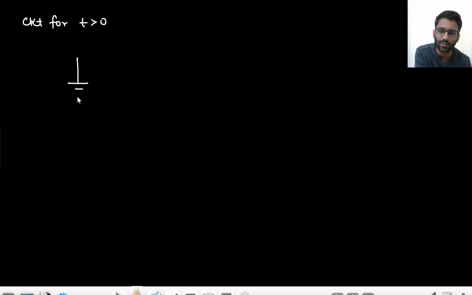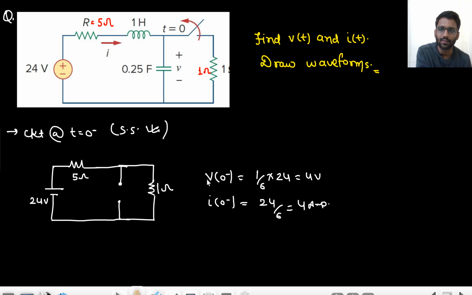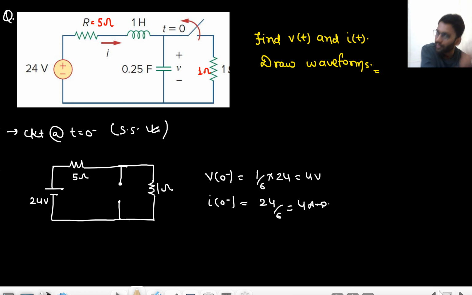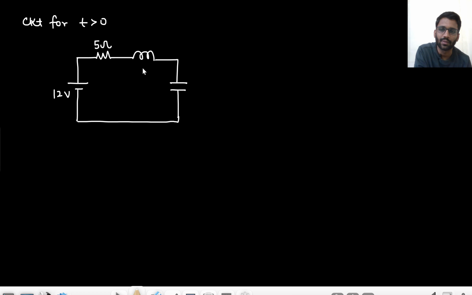This is a 12 volt battery. This is a resistance R, an inductor and a capacitor. It is now a sourced series RLC circuit, right? R is 5 ohm, L is 1 Henry and C is 0.25 farad.